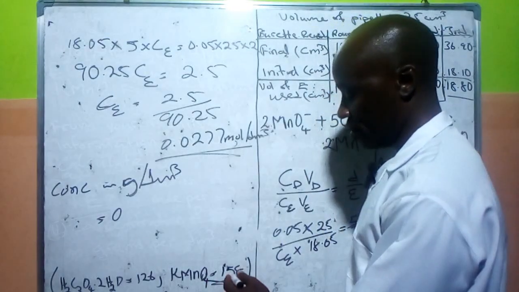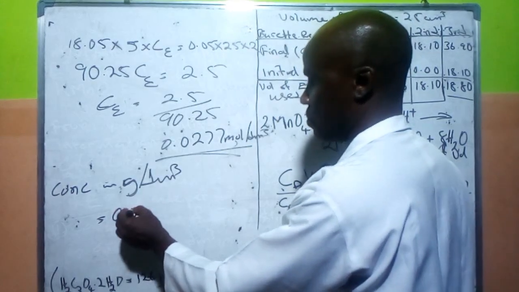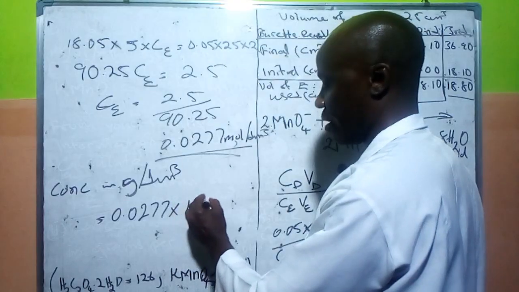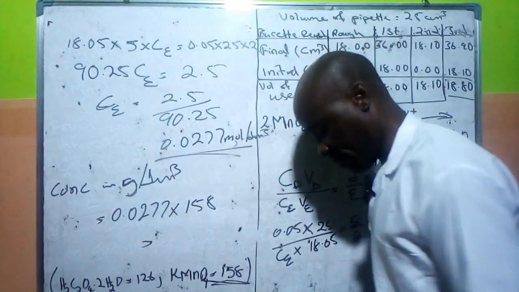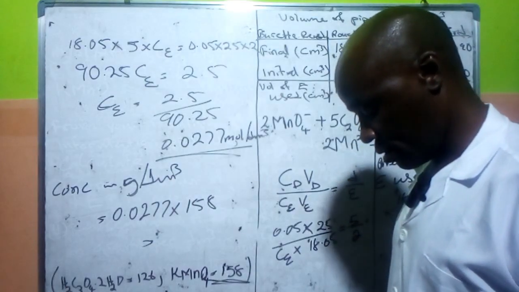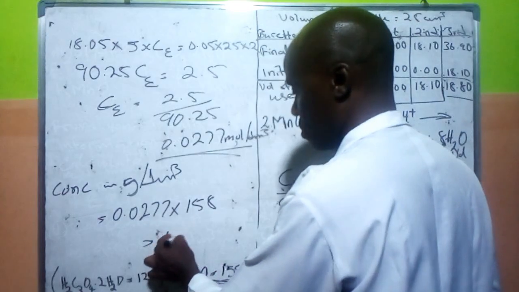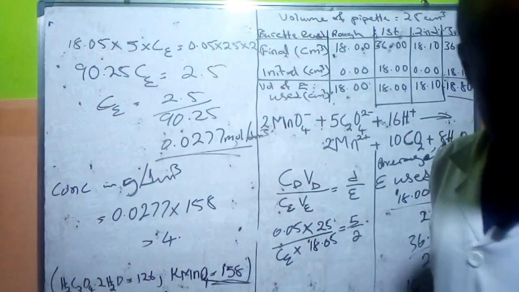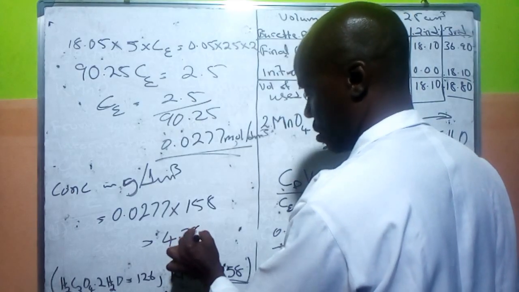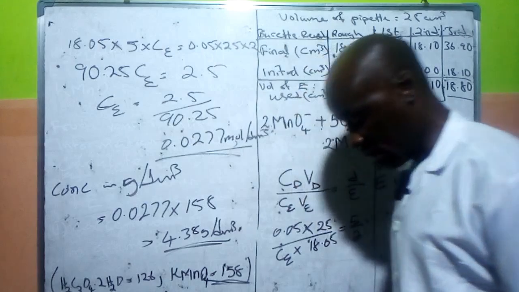This is the molar mass of E, 158. So that's what we have. 277 times 158. Let's see what we have. So multiply by 158. So we have about 8 grams per dm cube. That is actually what I got from there.